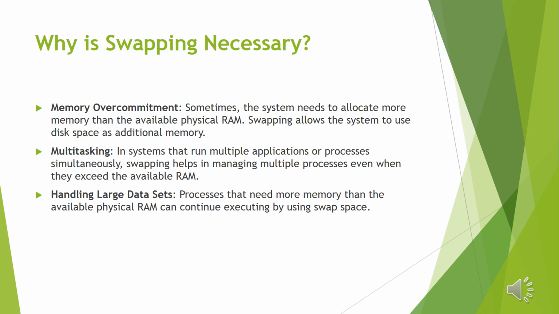Also, we have multitasking, a situation whereby one single process or multiple processes are executing simultaneously. So swapping helps in managing multiple processes even when they exceed the available random access memory. Then we also have handling large data sets as another need for swapping.